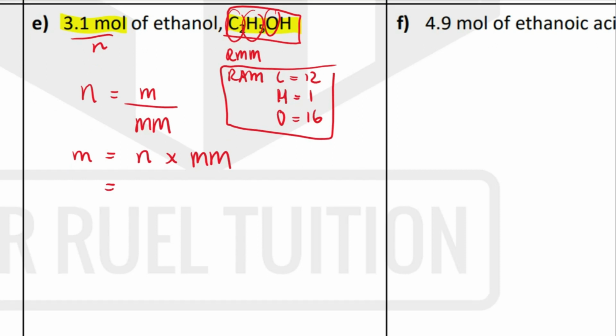The moles of ethanol is 3.1. The molar mass of ethanol will be the relative molecular mass, which means we have to sum up the relative atomic masses of all the atoms.